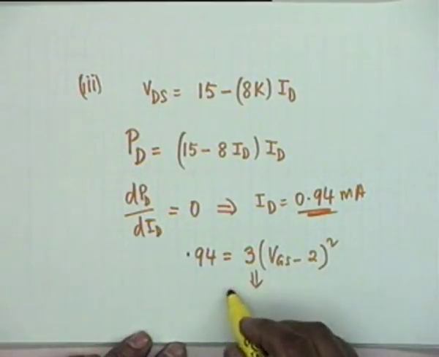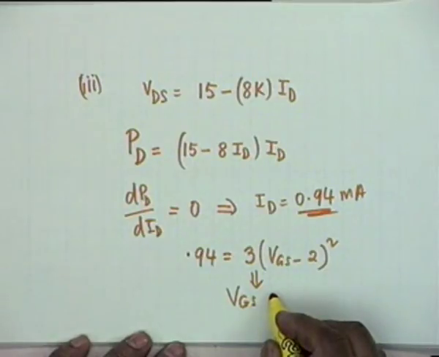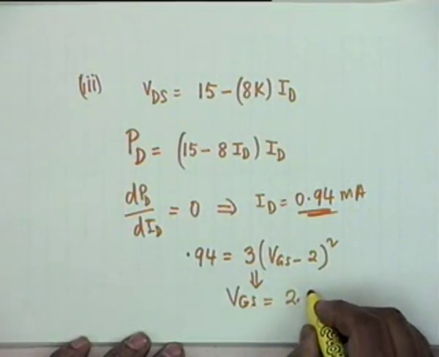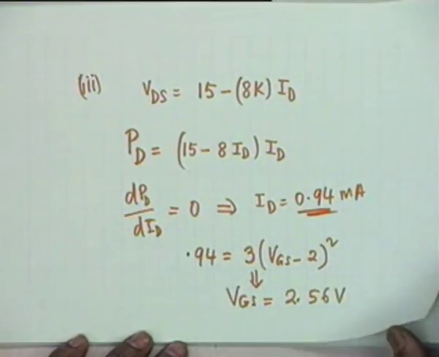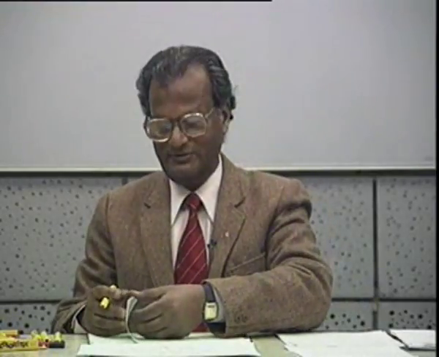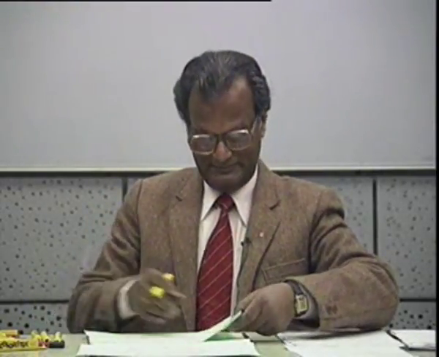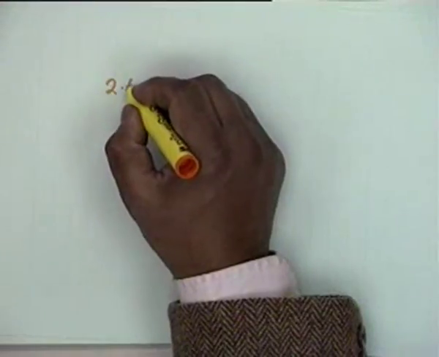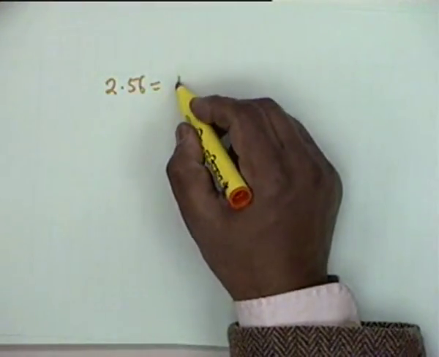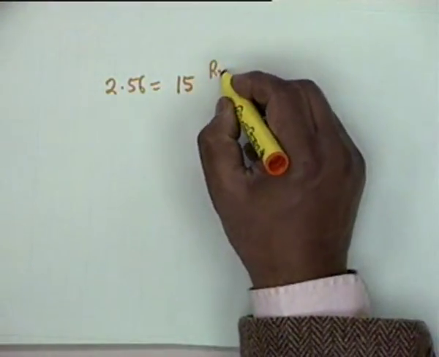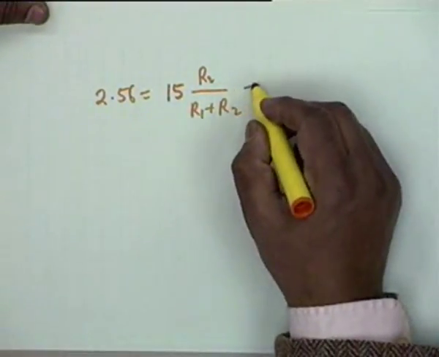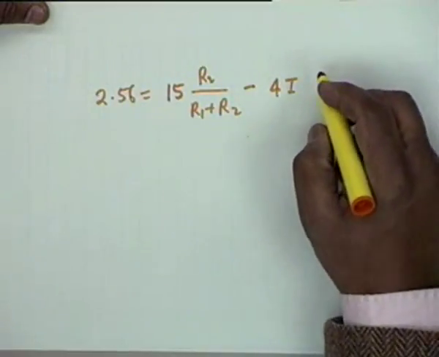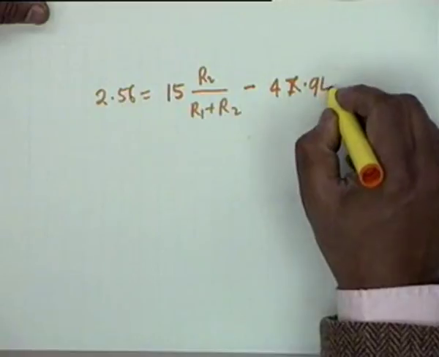So you know VGS. From this you know VGS, and VGS comes out as 2.56 volt. If you know VGS, then of course you know R1 and R2. Okay, let's see. 2.56 would be equal to 15 power supply multiplied by R2 by R1 plus R2, minus 4 ID, and ID is known, ID is 0.94.